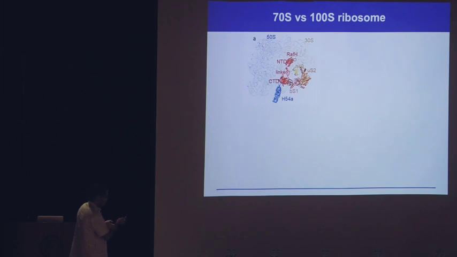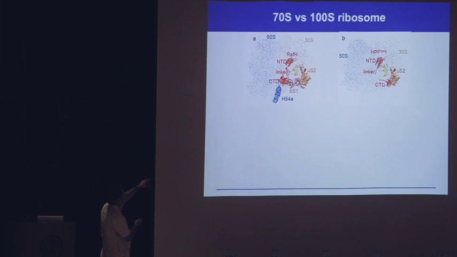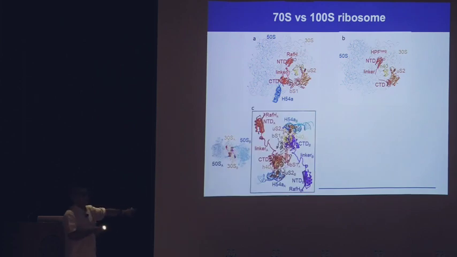And if we look at the dimer interface or 100S interface of other bacteria, this is a CTD, the NTD and CTD positions are different, right? And when we docked our structure into the 100S structure, this is a simple exercise, what we found is it's making a huge steric clash. Helix 54 is clashing here, CTD is clashing with another helix here, like that. So it is not possible.